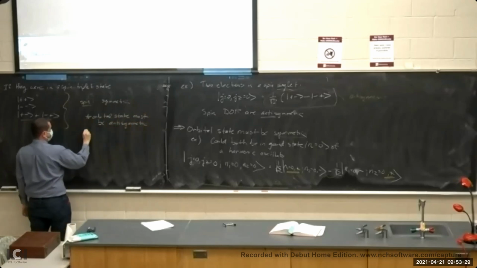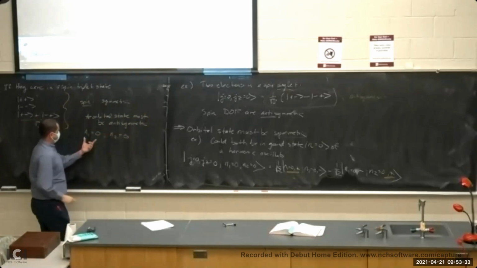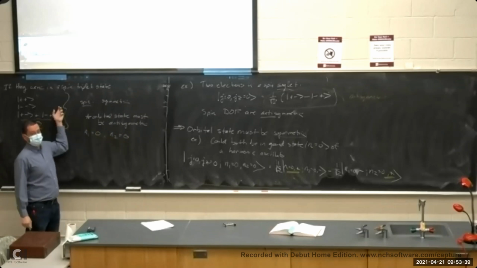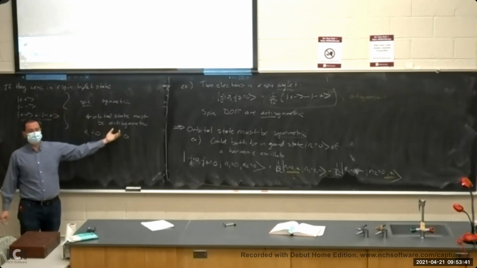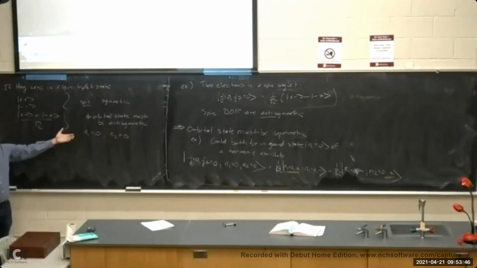So part of what that means is they cannot both be in the same quantum state. You cannot have n1 equals 0 and n2 equals 0. This is symmetric. This part is also symmetric. That would violate their statistics. So this is essentially the Pauli exclusion principle. The antisymmetry requirement says that they cannot have identical quantum numbers. If they had identical quantum numbers, they would be even under exchange. And that violates the spin statistics theorem.